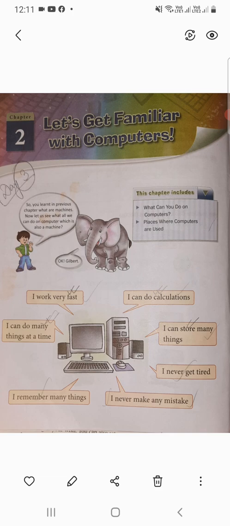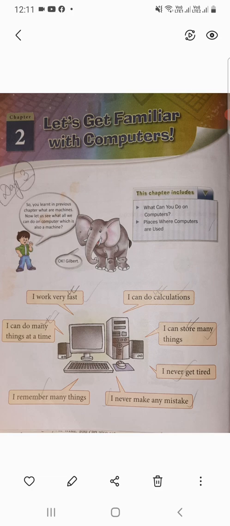That means a computer can remember lots of data. Whatever we have input in our computer, a huge amount of information, the computer remembers all things.